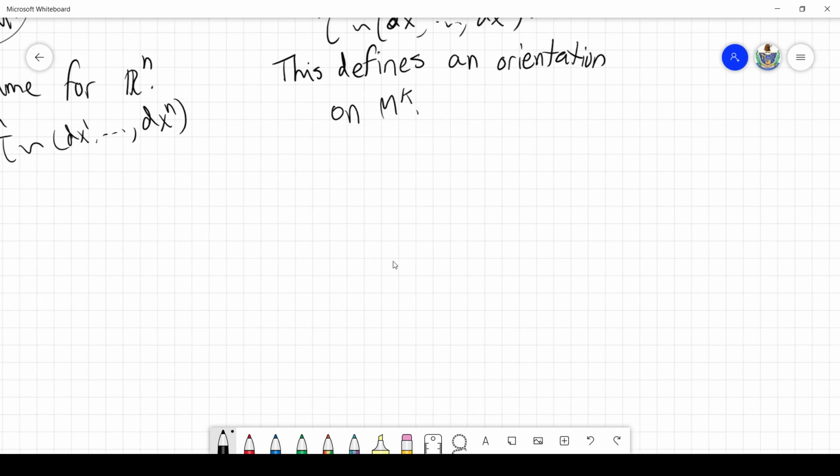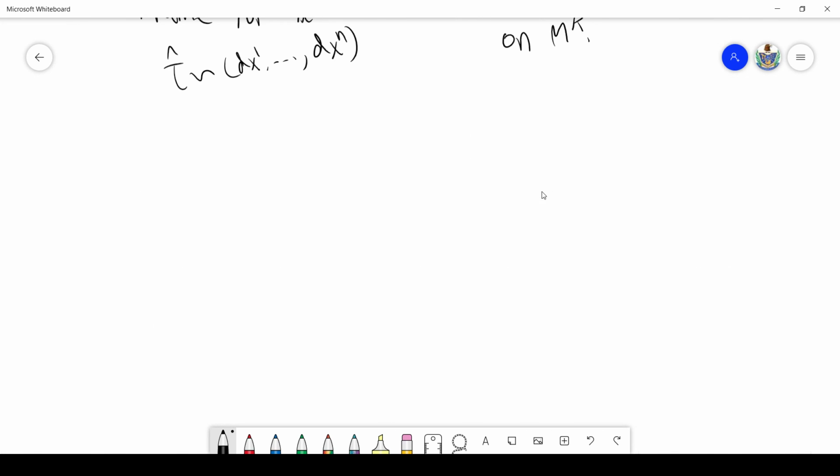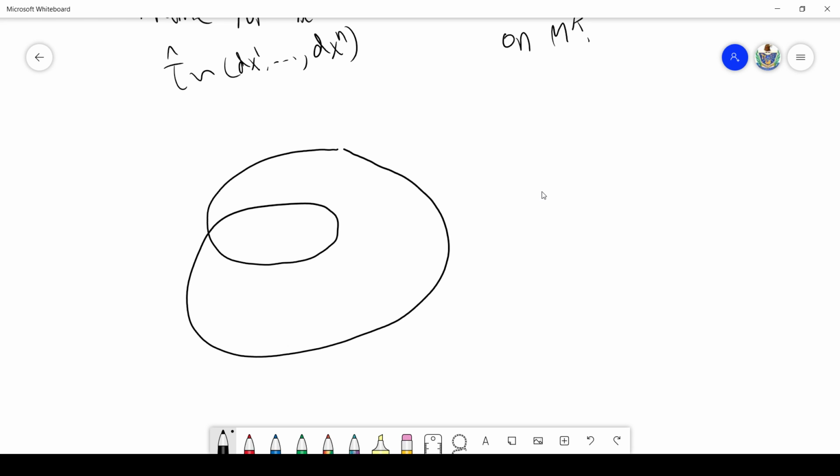All right, now let's consider an example of something that's non-orientable. This is something you may have seen before. It's called the Mobius strip. Let me try my best to illustrate this.